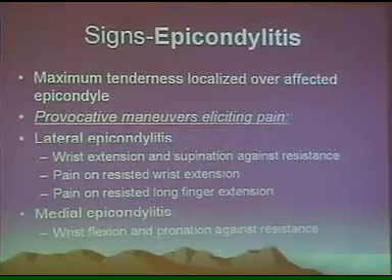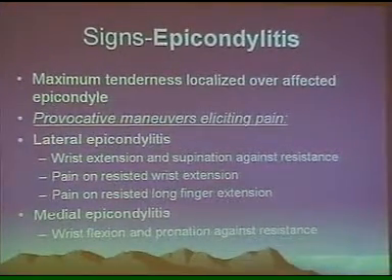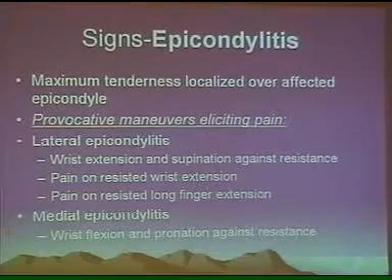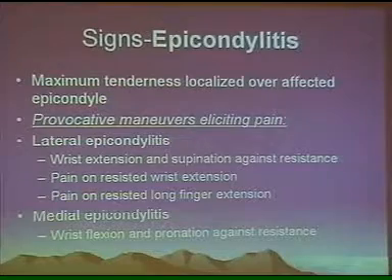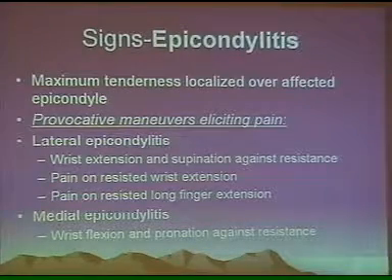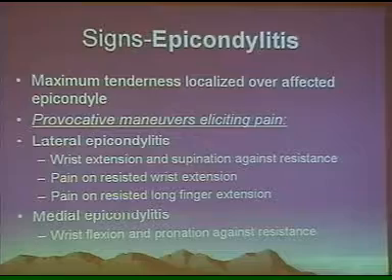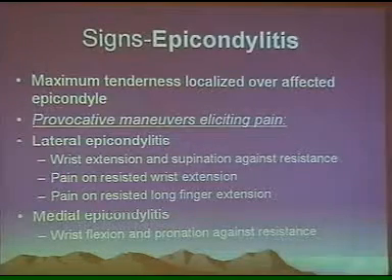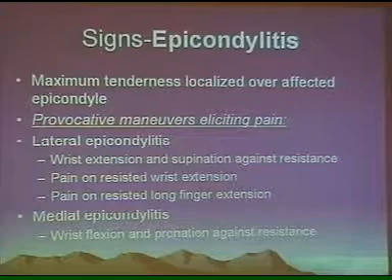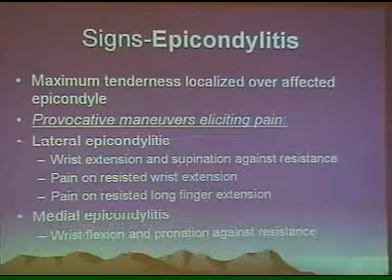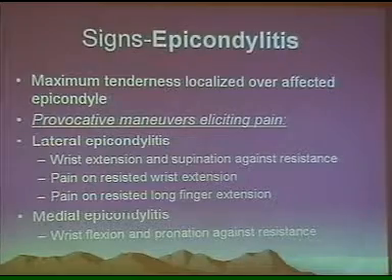In lateral epicondylitis, we extend the wrist and supinate against resistance, and the patient will complain of pain on the lateral side of the epicondyle. In medial epicondylitis, that is golfer's elbow, we flex the wrist and pronate against resistance, and the patient complains of pain on the medial side of the elbow.